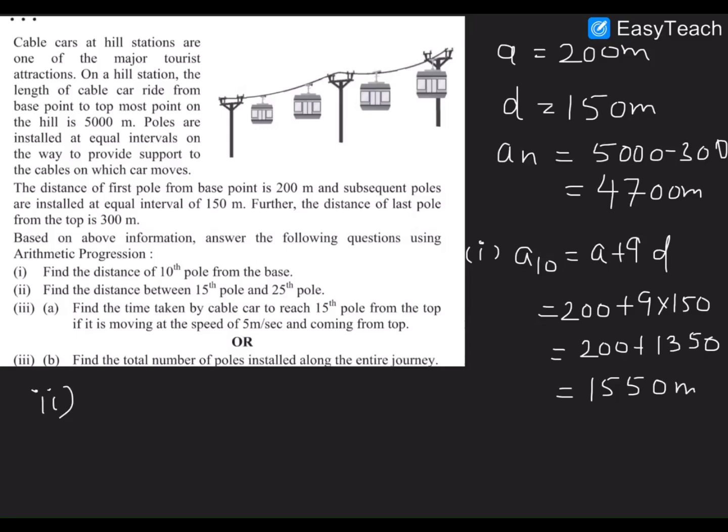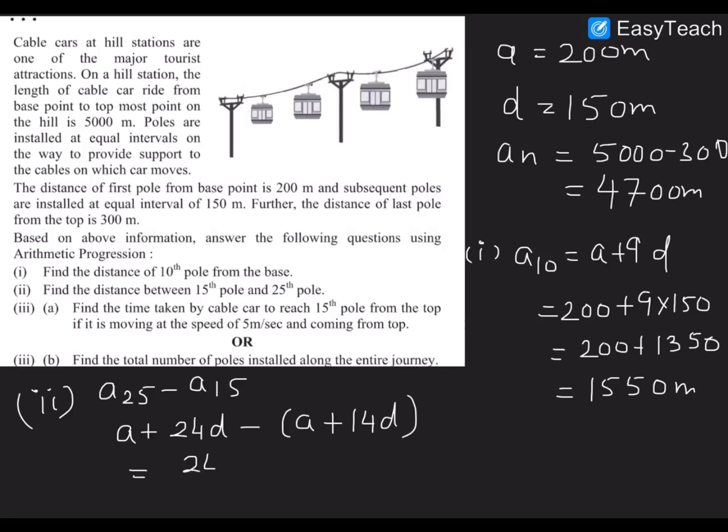Find the distance between the 15th pole and the 25th pole. To find this, you have to do A25 minus A15, which gives you A plus 24D minus A plus 14D, which is 24D minus 14D, giving you 10D.